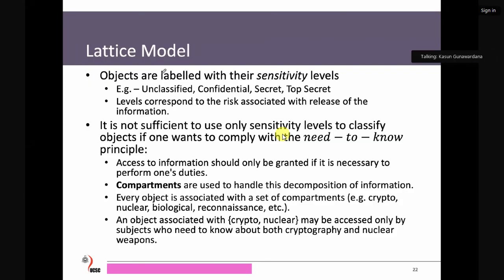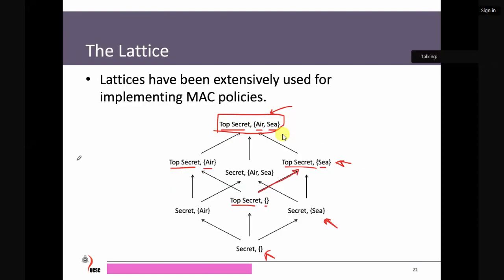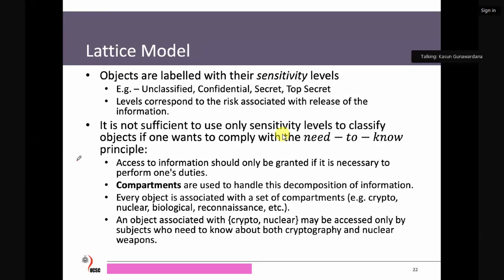In a lattice model, objects are labeled with their sensitivity levels. So you saw earlier unclassified, secret, top secret. These are security labels, sensitivity levels.